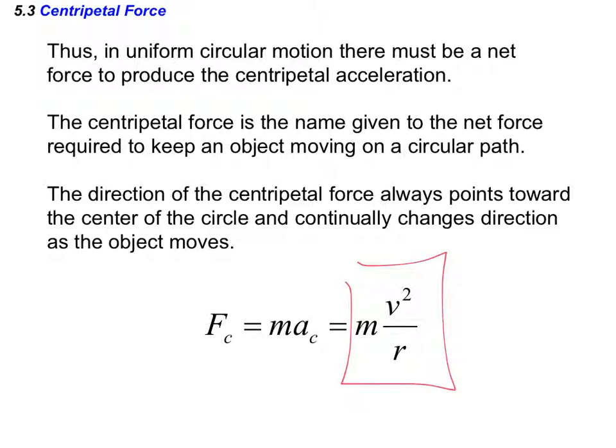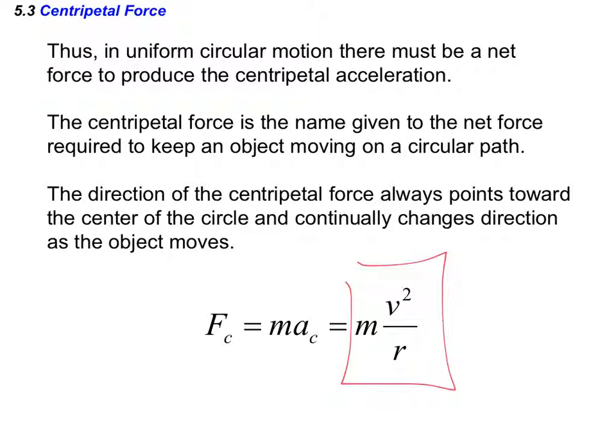It's not a new force that we're going to start putting on our diagrams. There are forces that are already there. It's the forces that are causing the circular motion that we will then tag as the centripetal force, saying, hey, wait a minute, this is the force that's pushing towards the center. It's causing the circular path, so therefore it is the centripetal force, and we can say it's mv squared over r.